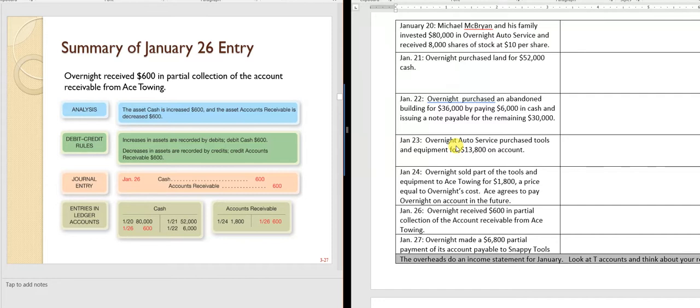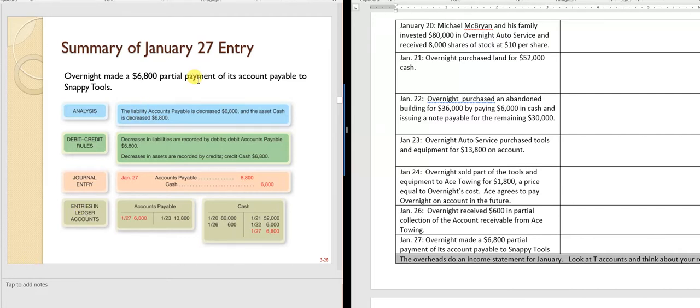But anyway, so cash is going up. Why did I get that cash? Because somebody that I was going to receive money from paid it. So now I need to reduce accounts receivable. So notice the running total of how much people owe me is now $1,200 if I made a balance in that.